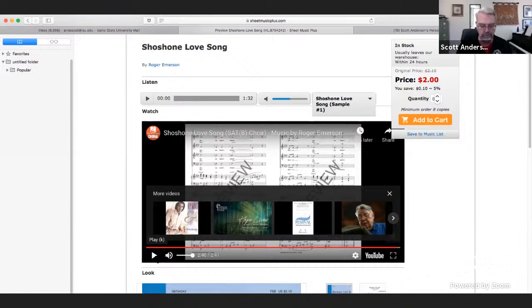The other thing that's remarkable about this piece in comparison to other choral music copies that you'll buy or peruse is that this has the chord symbols, the pop style chord symbols above the piano part, which is really nice because you don't have to sit and do an evaluation yourself.